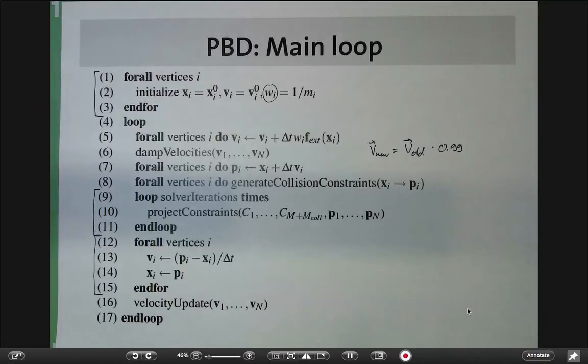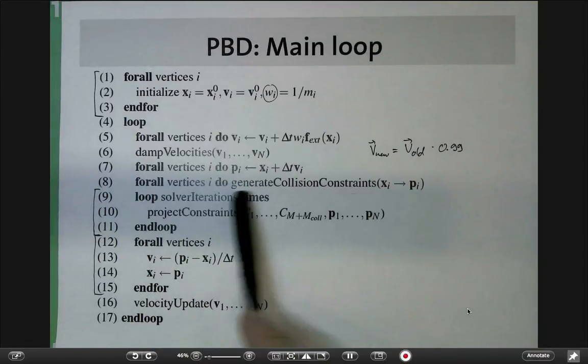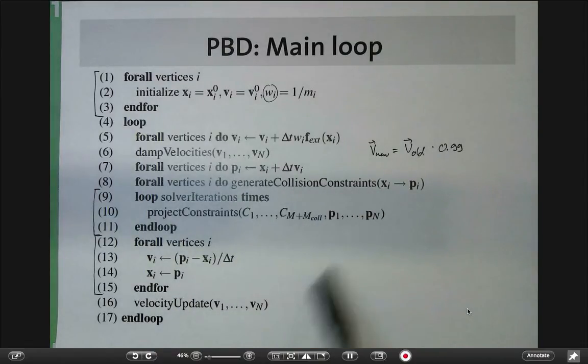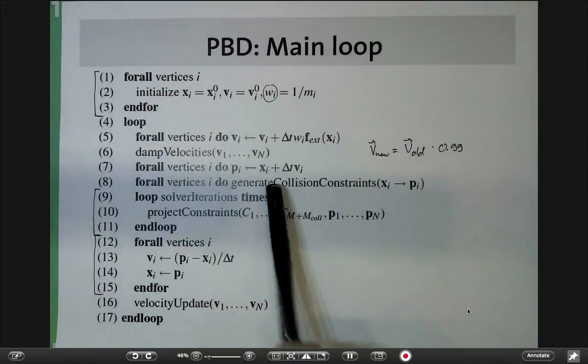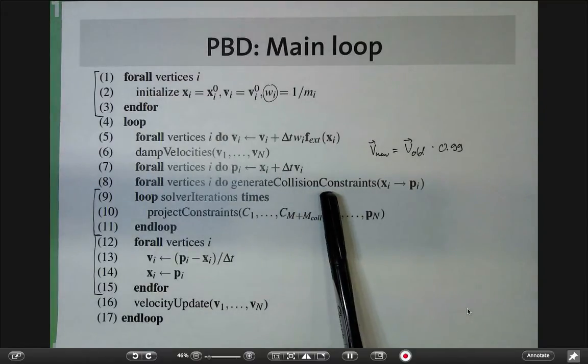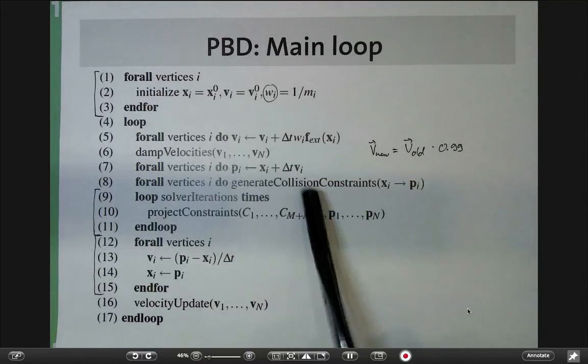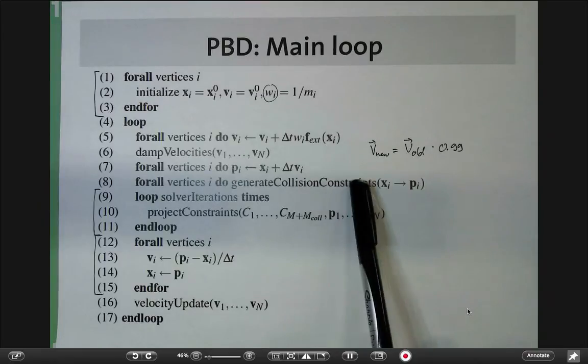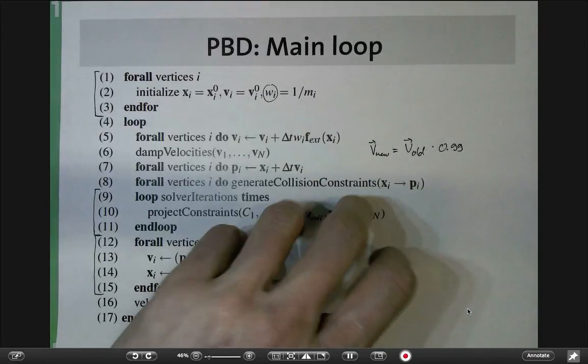If it's detecting collisions with a general object, then it's a little bit more tricky. Nevertheless, let's assume that this routine generated contact points or already penetrated points for us. And the way PBD handles the collisions is that the collisions generate a special type of constraints called collision constraints.